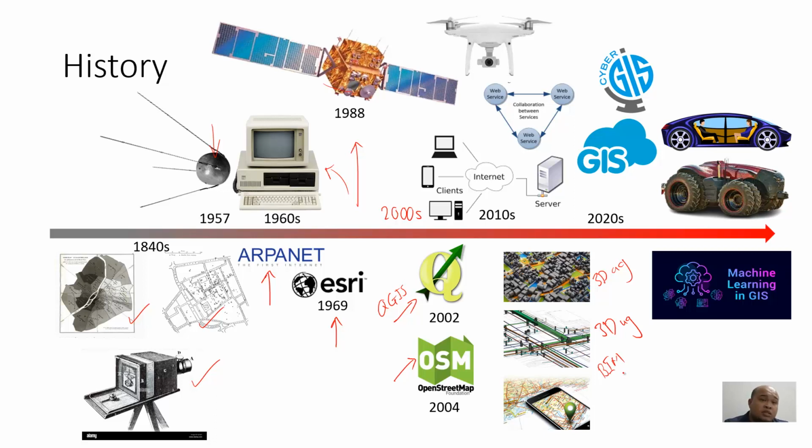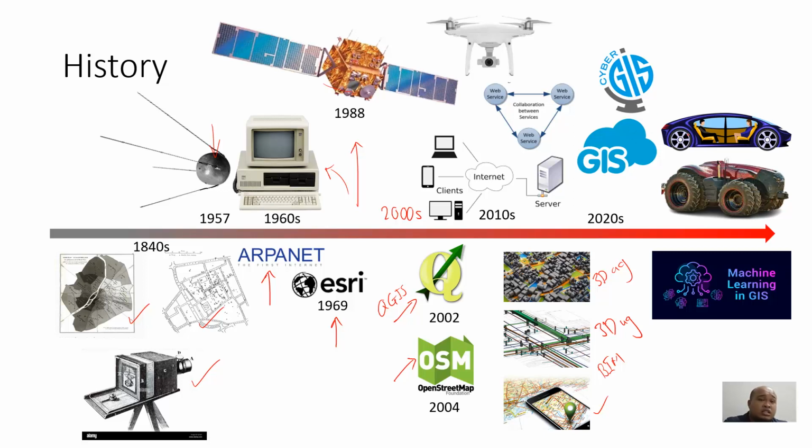Some say it is part of GIS because it applies the GIS system in BIM too, right? And also between the 2010s and 2020s, the development of smartphone applications is mushrooming, right? So there are many GIS-based applications available in Google Play or the Apple Store.